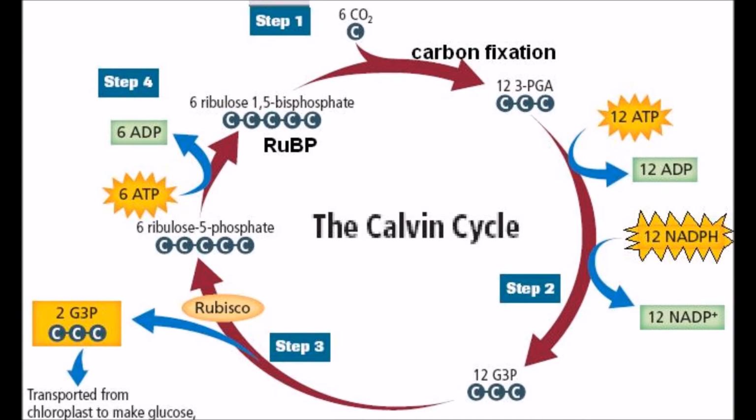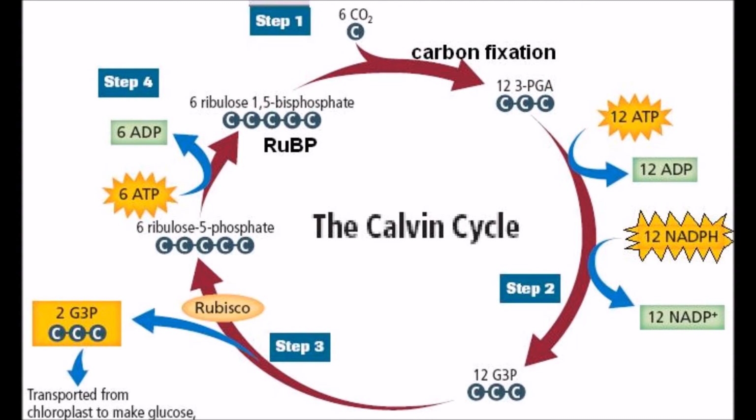Reduction is a sequence of reactions in which NADPH acts as a reducing agent. NADPH transfers the energy and electrons that allow carbohydrates to synthesize from CO2. NADPH is just produced from the photosynthetic electron transport chain. The reduction of 3-PGA involves 2 steps.